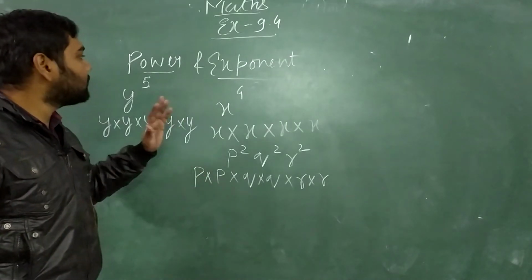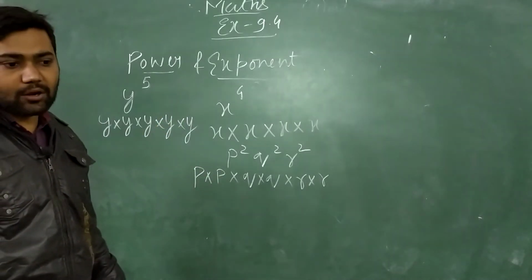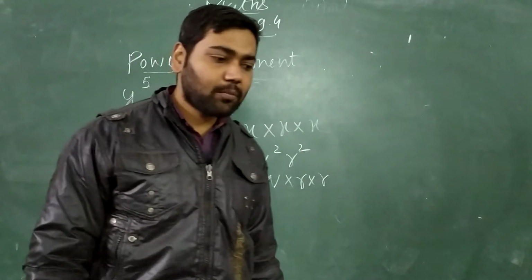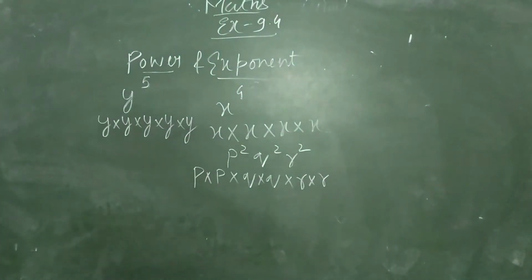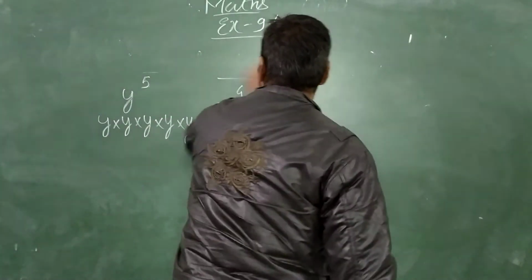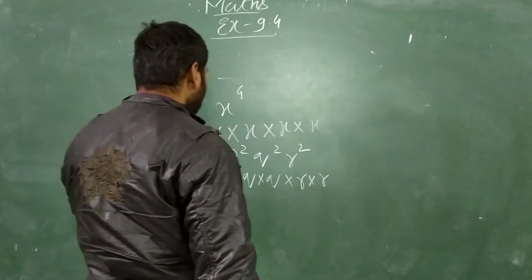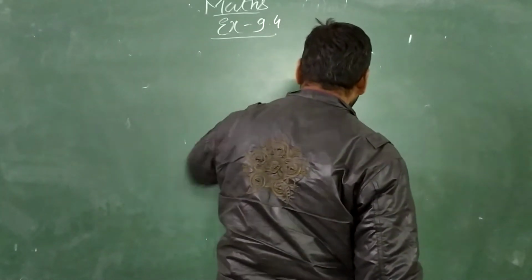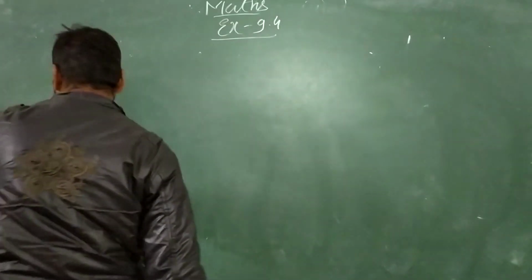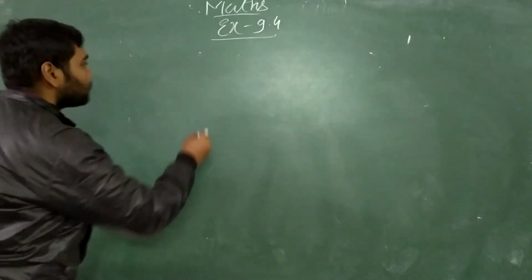This is known as power and exponent. After this, we have to learn about substitution, that is substituting the value. This is what I have explained about power and the work of power.